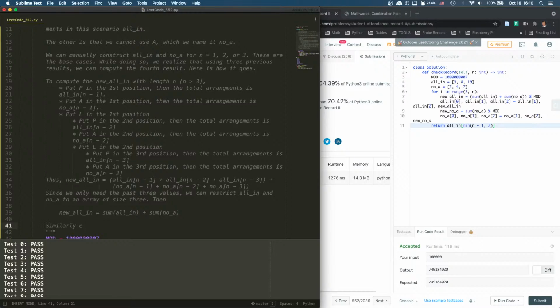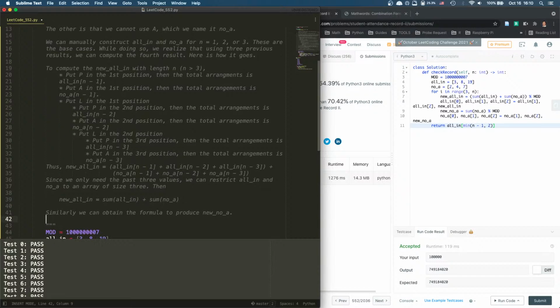Similarly, we can obtain the formula to produce the new no A. Put P in the first position. This gives us no A n minus 1.